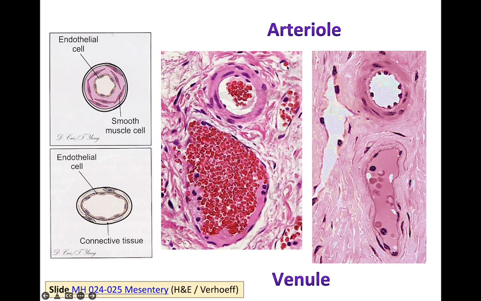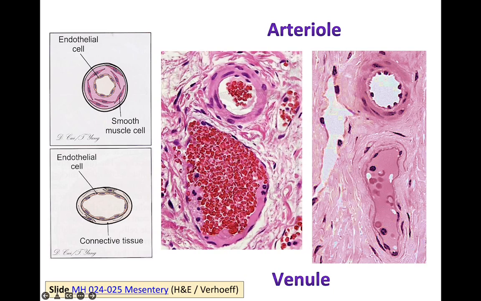And here, this very small vessel is the capillary. So capillary is only composed of endothelium. And the lumen only fits a red blood cell. The diameter of the lumen is 5 up to 10 micrometers, so it only fits 1 red blood cell.